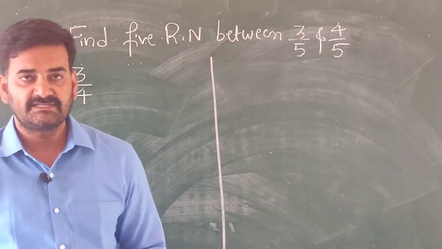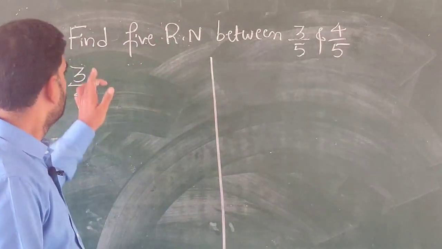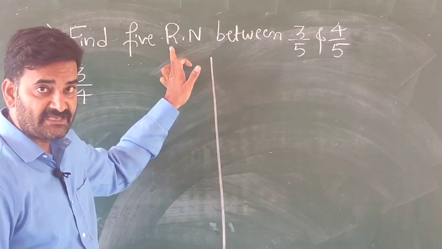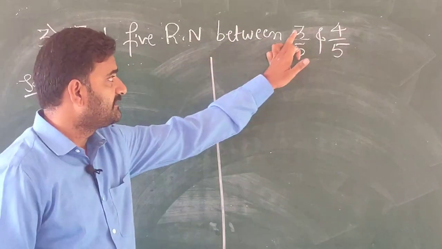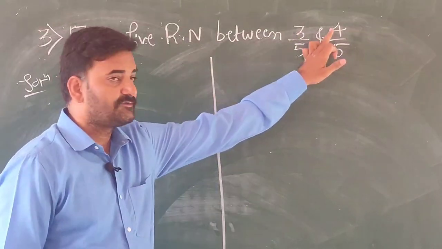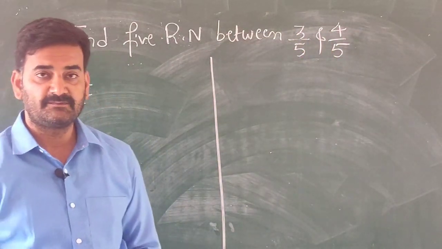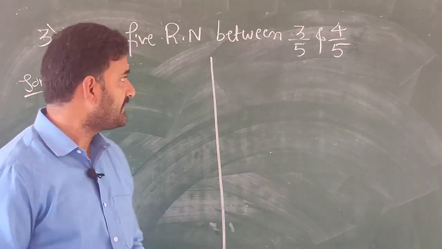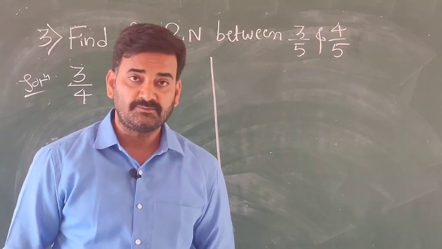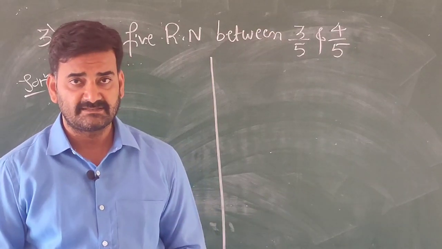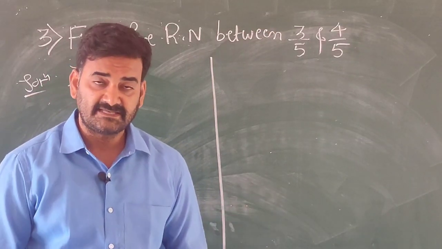Now the next question, that is the third bit. Find 5 rational numbers between 3 by 5 and 4 by 5. Already in the previous problem, you are aware that in between any two numbers, infinitely many numbers are there.